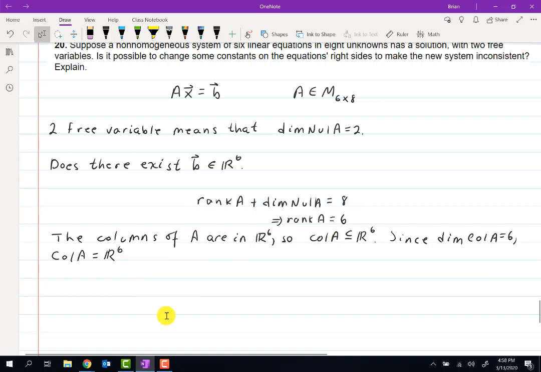And so does this mean we can possibly make the new system inconsistent?